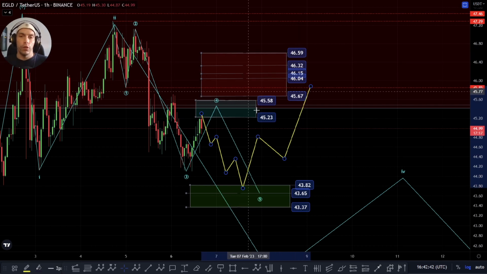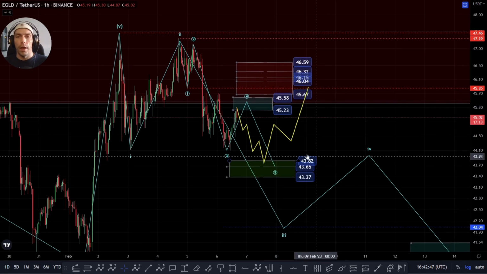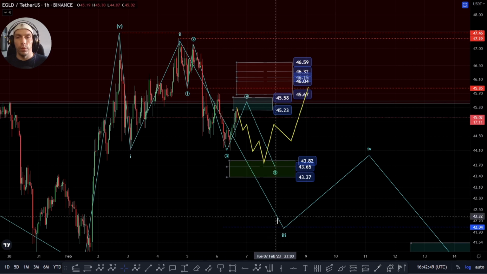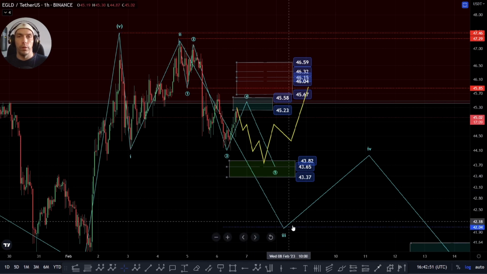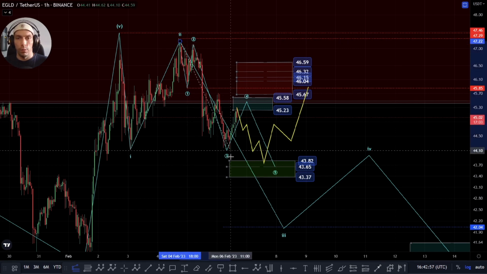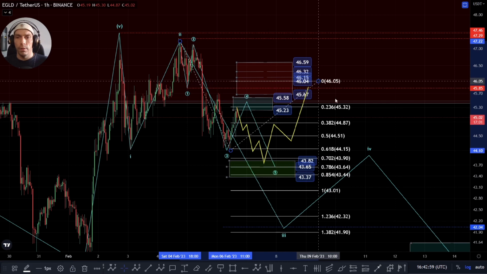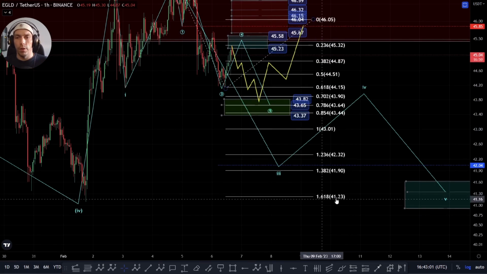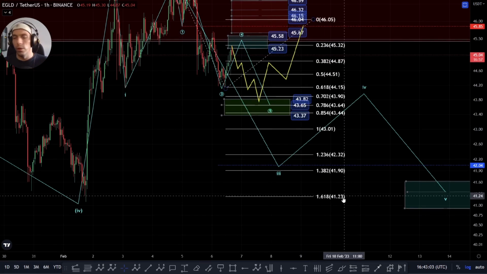If we face rejection in here, we could actually be looking for a deeper push to the downside. Basically what we'd be looking for is more evidence that we're in this wave 3 down here. Confirmation would only come if we're looking at this as a 1 2 from here. Effectively, confirmation would only come by passing much lower down this 41.23 zone.